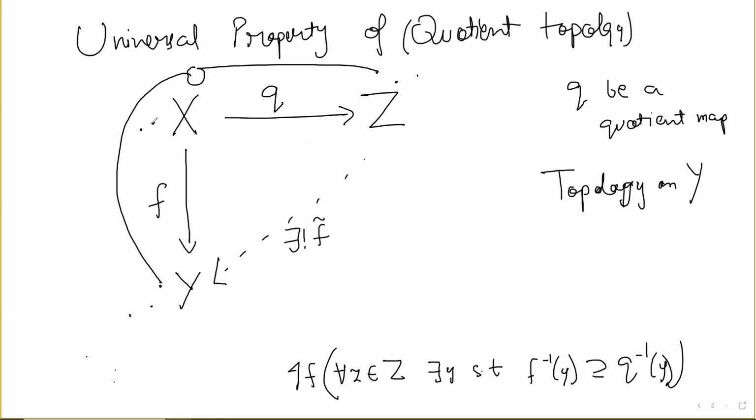Yeah, it means that if 2 points are going to the same point here, which means that if 2 points are in the fiber, then these two should go to the same point.